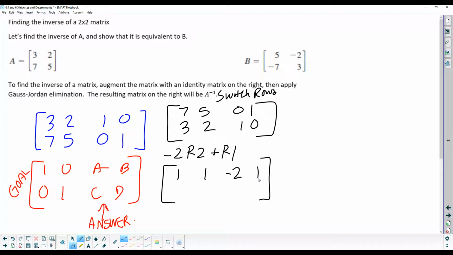Remember, when you're doing a row operation, you only change one row. So I changed the top row, my bottom row stays the same. I times this by -2 and added it up.